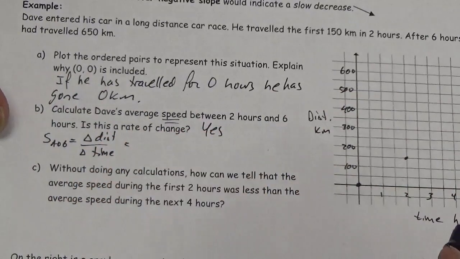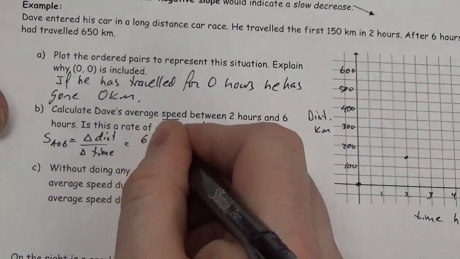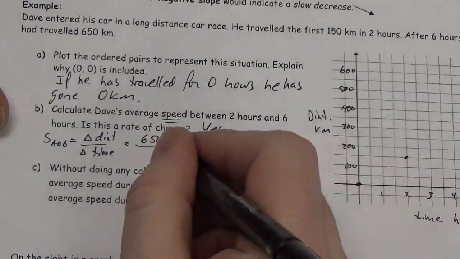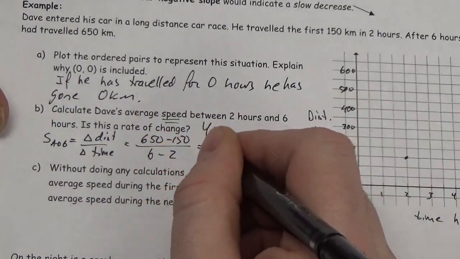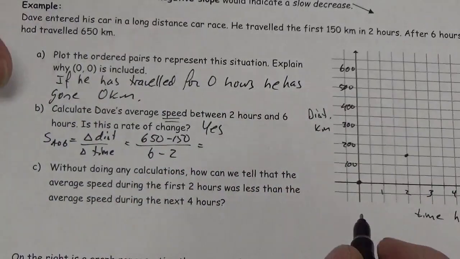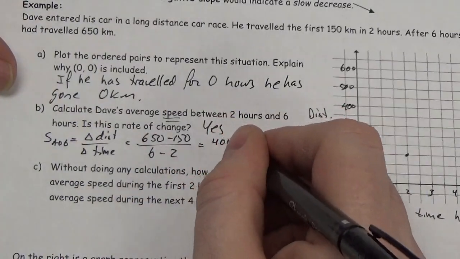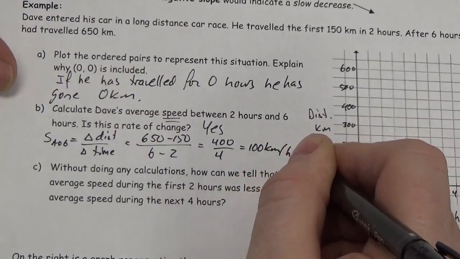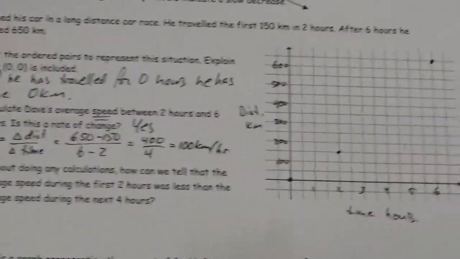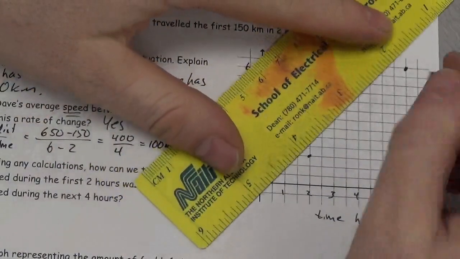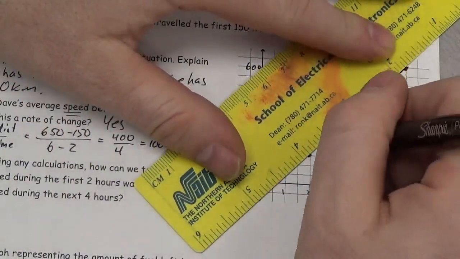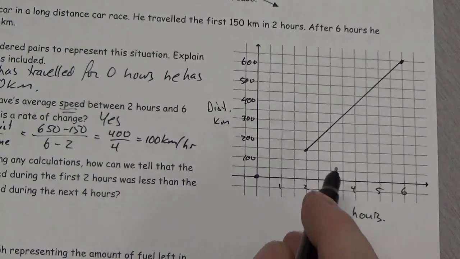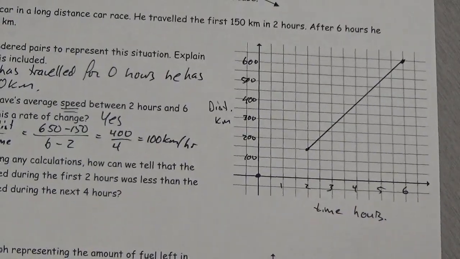We went from 150 to 650 over 6 minus 2 hours. So 650 minus 150 is 400 over 4. So that's 100 kilometers per hour on average. And that's really going to be the slope of that line segment. Every hour is going to go up 100 kilometers.